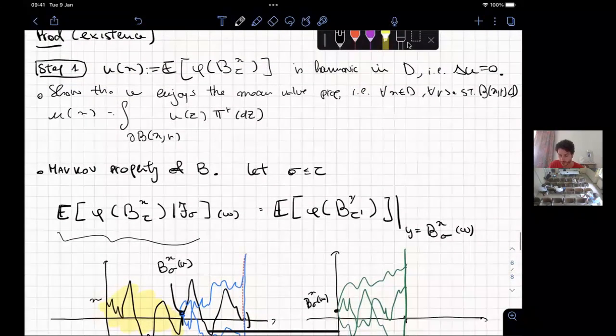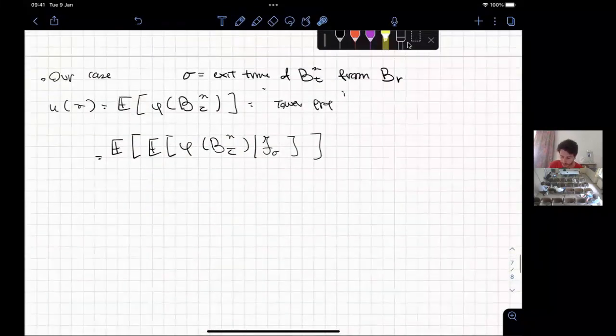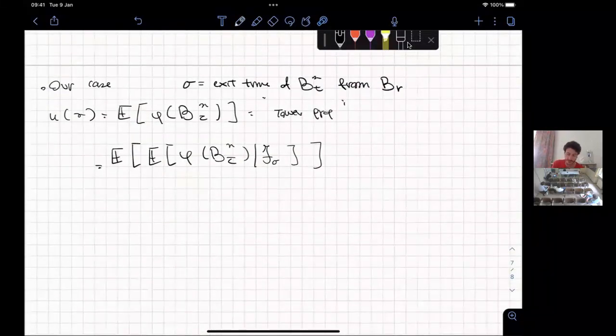So here we need to represent things in terms of this ball. So sigma is the exit time of the Brownian motion from that ball. Then I will do a picture.